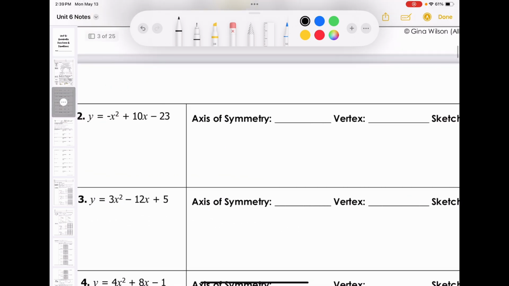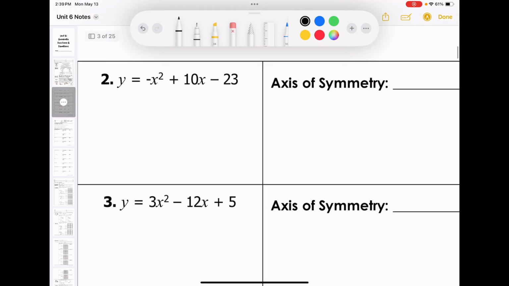Number 2. The first thing we have to do is label our A, B, and C. All right, A sits next to x squared. Right now there's a negative sign beside it, so that tells me that's a -1. B is +10, and C is -23.